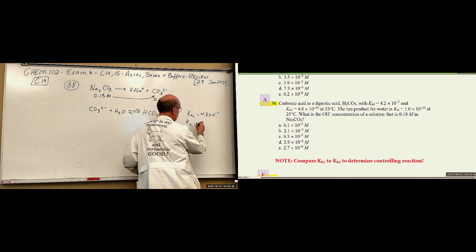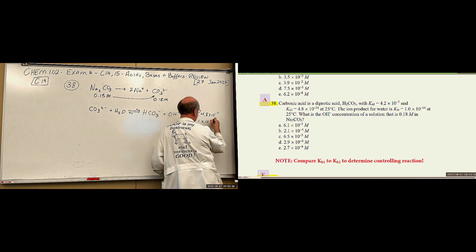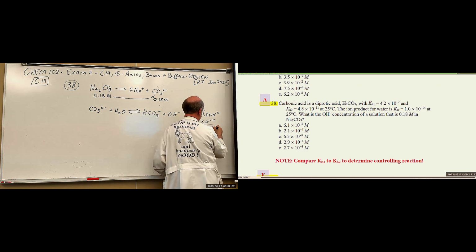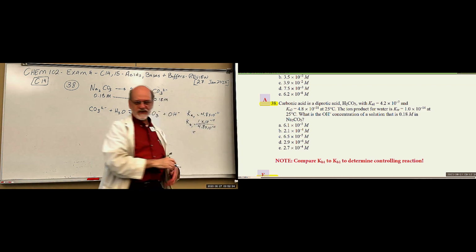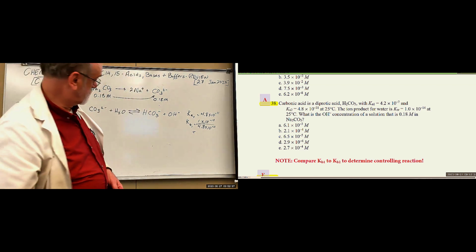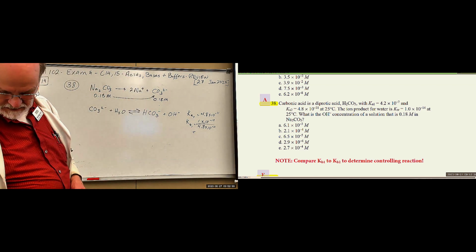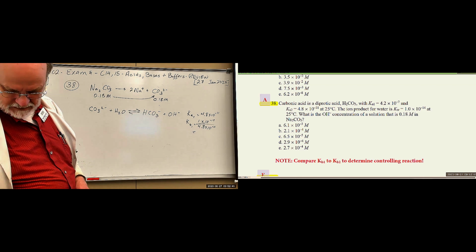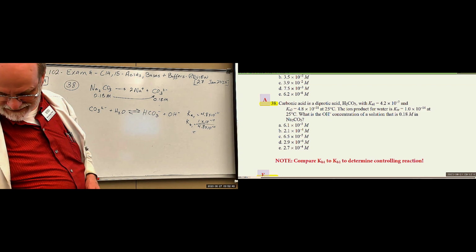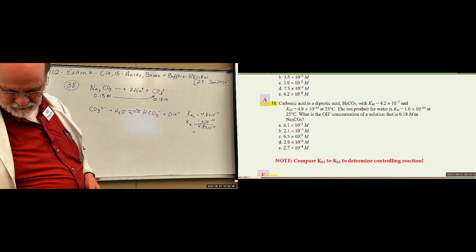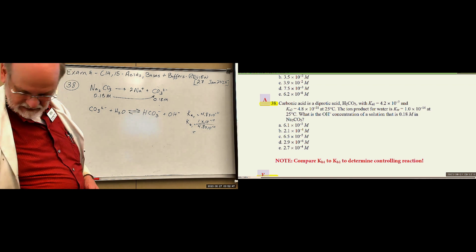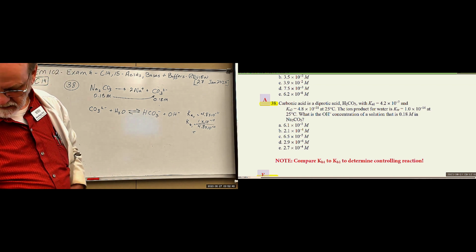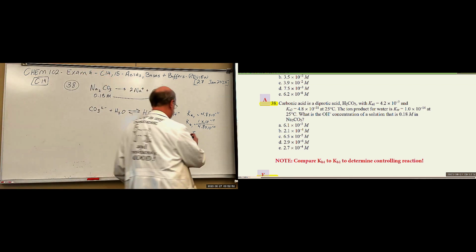And so this one's going to be 1 times 10 to the minus 14 divided by 4.8 times 10 to the minus 11. So that Kb is going to be 2.08 times 10 to the minus 4. Right.